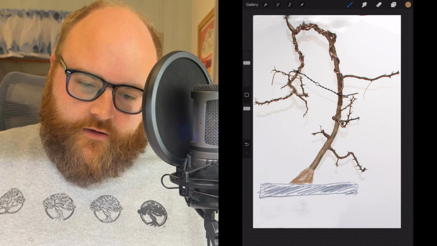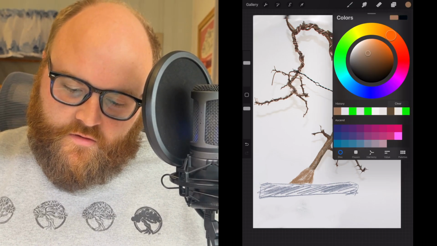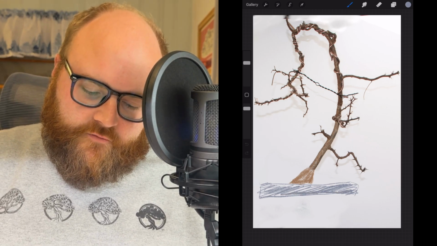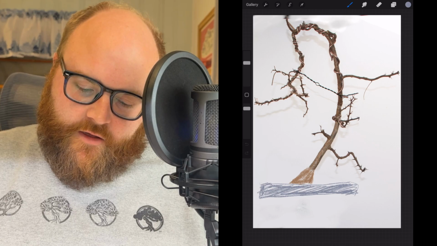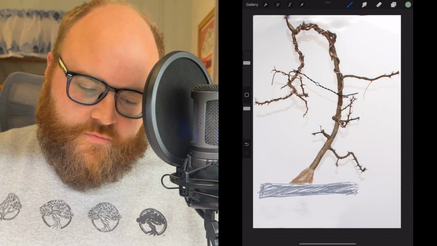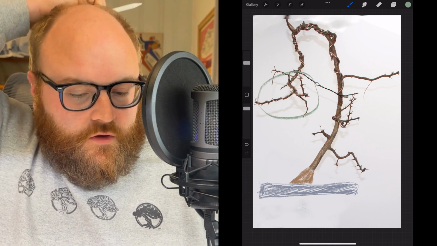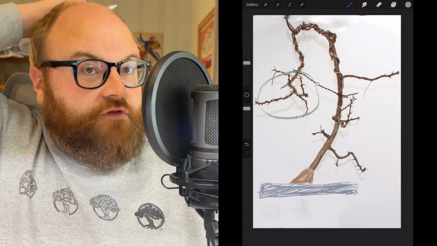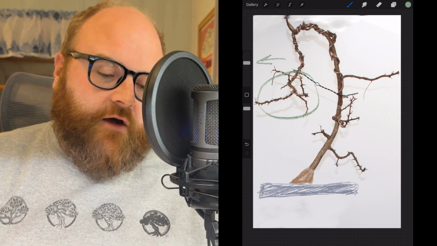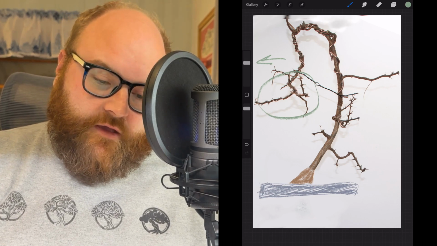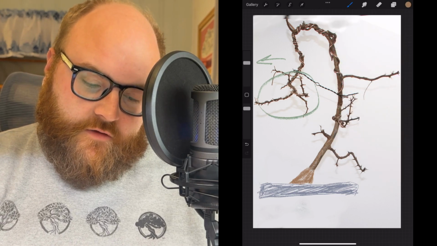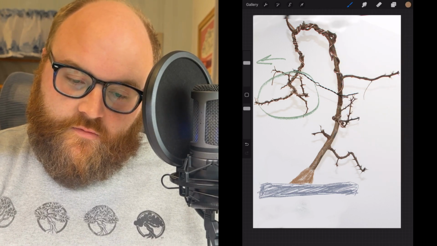And so I think as we develop this tree, part of the question will be how far down do we want to take these branches? Do we want them to extend even further down? Do we want to take and turn them in this way, further out? Do we want to maybe think about bringing this, get rid of, let's see here.